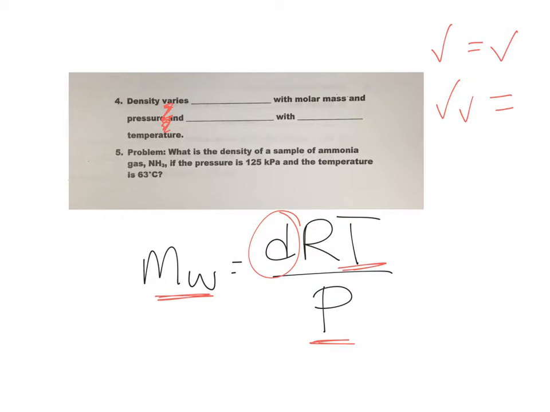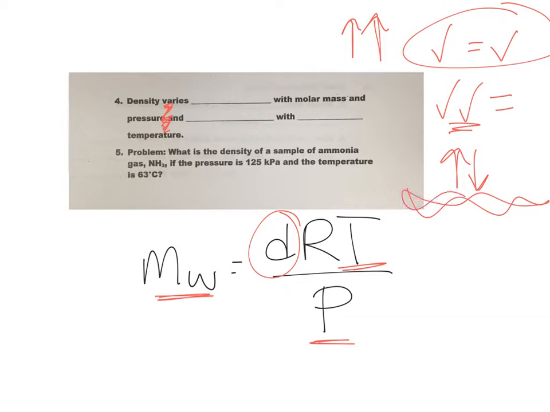If you have things on both sides of the equal sign, that is a direct relationship. If you have things on the same side, that is an indirect relationship. Furthermore, remember Charles' law: was that a direct or indirect relationship? It was direct. Boyle's law was indirect. So look at the positions of the variables as well.